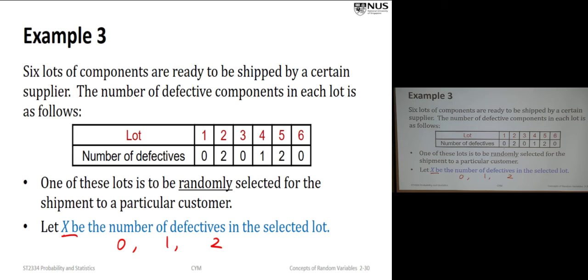And this makes use of the idea of equivalent events, where X equals 0. When there are no defectives, the lot that you choose has no defective, which is equivalent to choosing lot 1 or lot 3 or lot 6. So you have to combine them, so the chance is 3 over 6. All right. So this is how we obtain the probabilities.